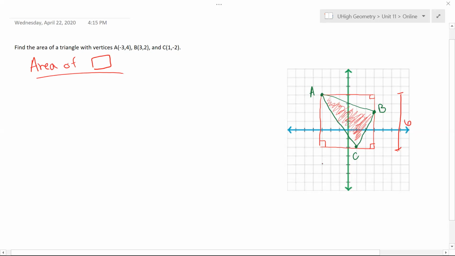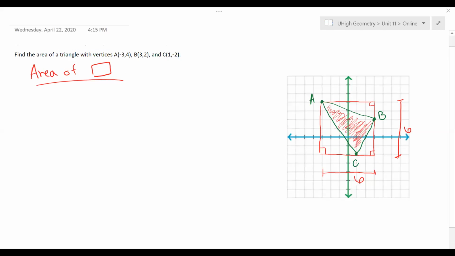And from here to here, I also have a length of 6. So this is actually a square, not a rectangle, but that's okay. So the area of my square, I'm going to do length times width. So 6 times 6 gives me an area of 36 units squared.